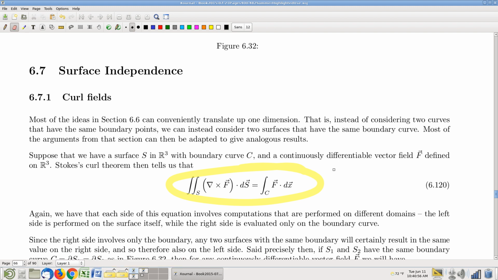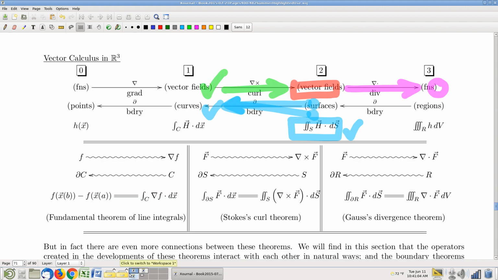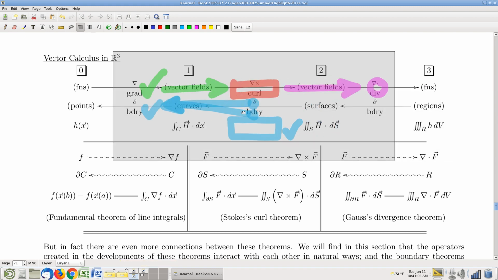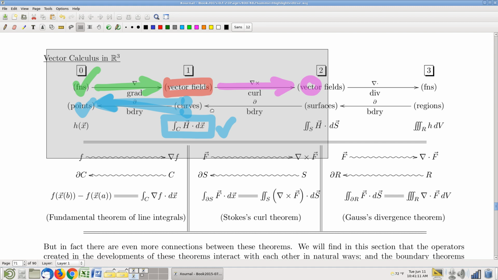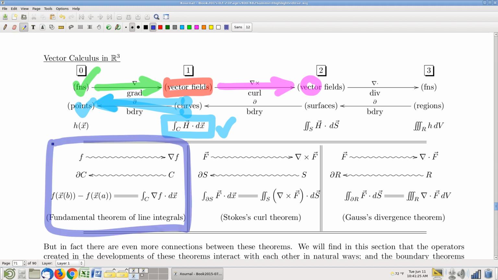So surface independence. Let's look at Stokes' curl theorem. Oh, by the way, that's one thing I forgot to put on the diagram here. Let me move this back real quick. We started off, this whole idea of path independence came from looking at the fundamental theorem of line integrals.